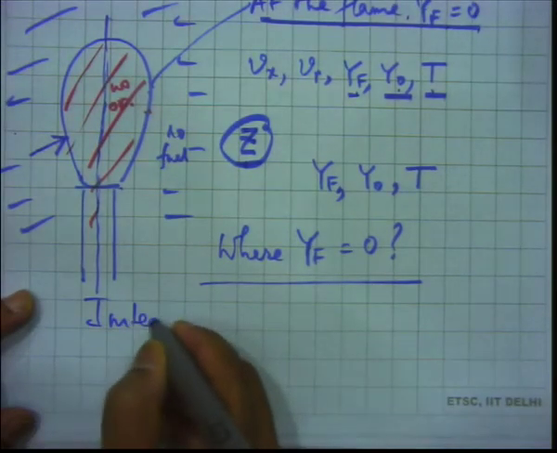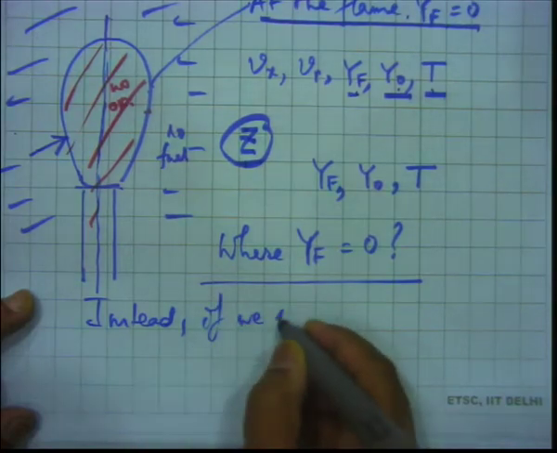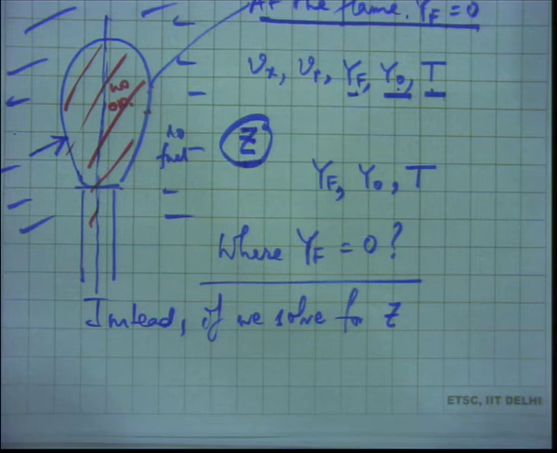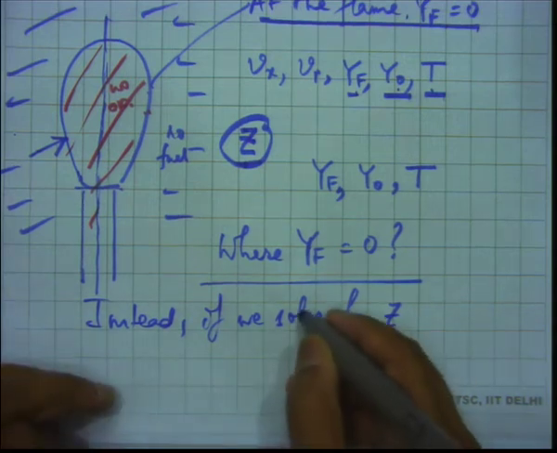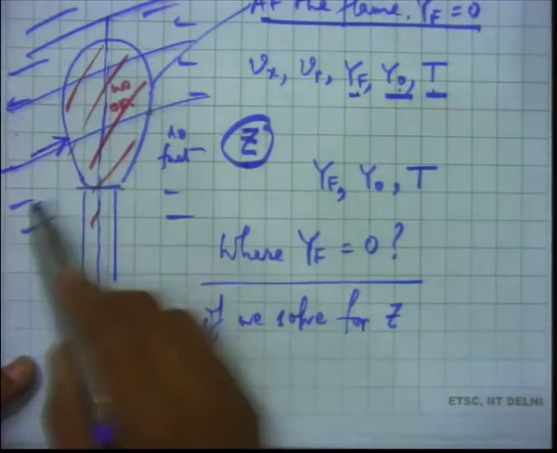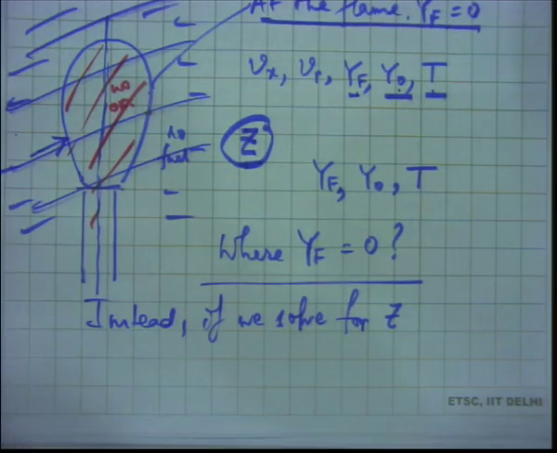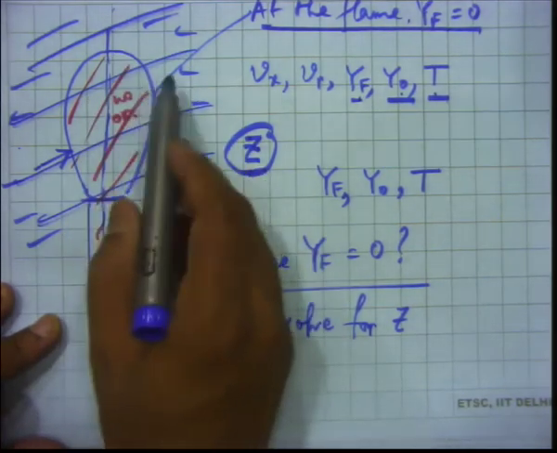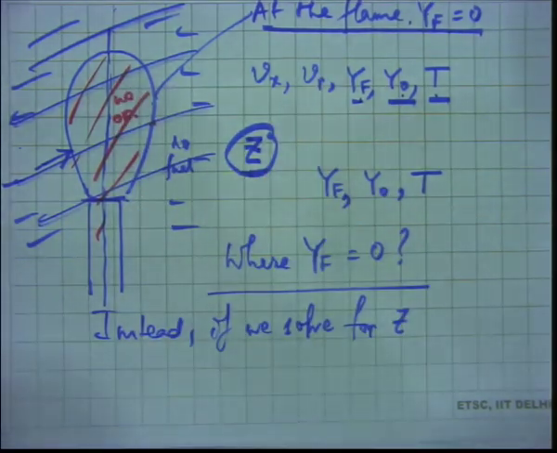But if we instead solve for Z, we do not need a boundary condition at the flame. Okay, we can solve for Z all over the domain. Using some boundary condition at the exit, using some boundary condition at the axis, using some boundary condition far away from the axis.